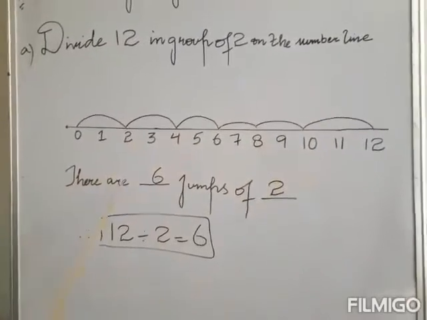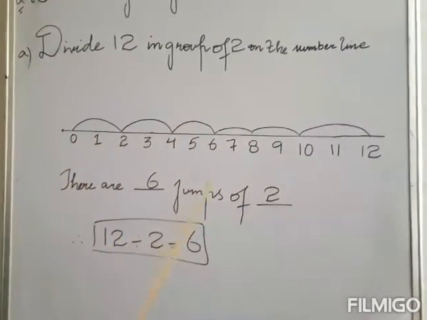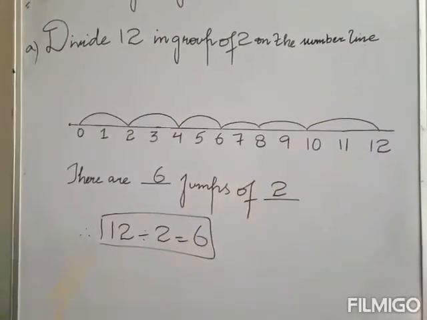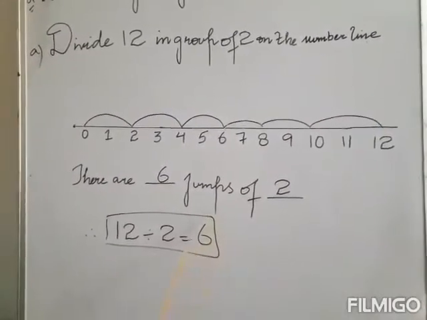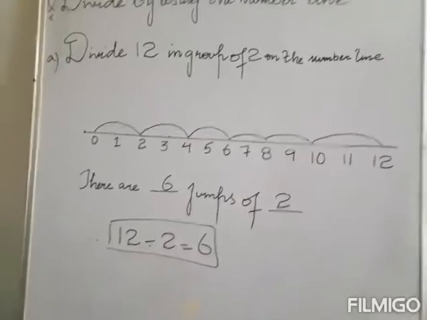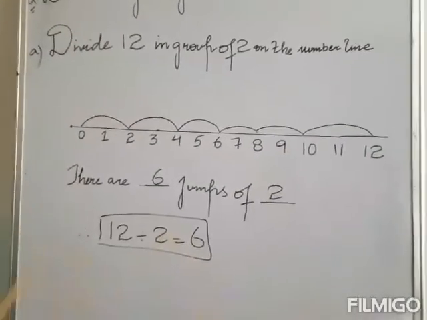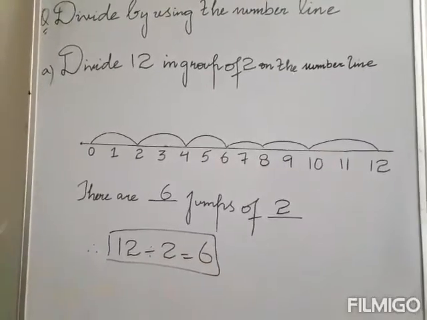This means there are 6 jumps of 2. So, when we divide 12 by 2, our answer is 6.